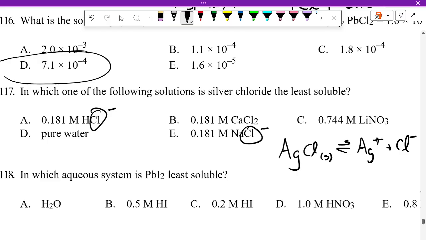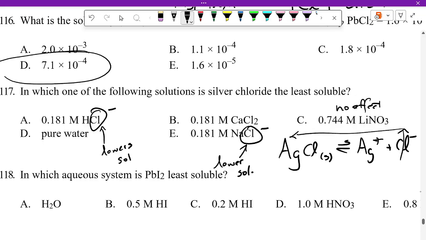Does lithium and nitrate have any effect on this equilibrium at all? No. So this is no effect. This lowers solubility. This lowers solubility. Why does it lower solubility? Common ion effect, it increases the concentration of chloride, so this system will shift to the left, so you will have less dissolved solid.